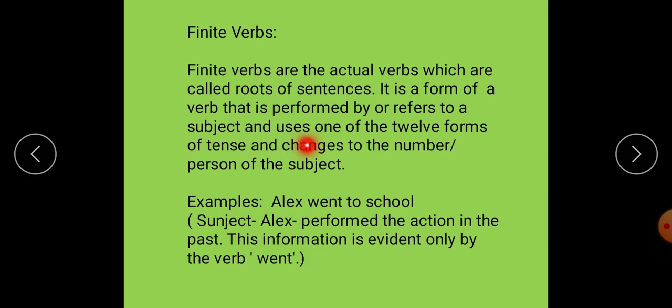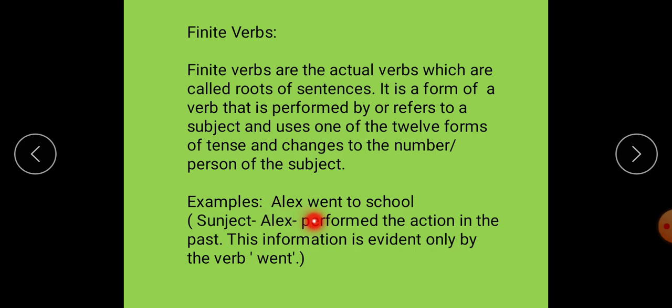So there are 12 types of tenses like present indefinite tense, present continuous tense, present perfect tense, present perfect continuous tense, past indefinite tense, past continuous tense, past perfect tense and past perfect continuous tense. Examples of the infinitive verbs.